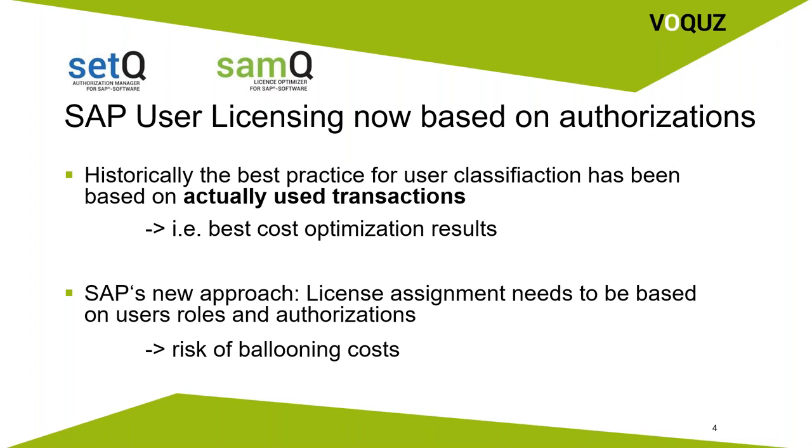Whether or not an uncritical transaction is authorized that allows you to create something but will make you a professional, nobody is checking for that right now. And so that's a really big risk of exploding or ballooning costs for SAP licensing.